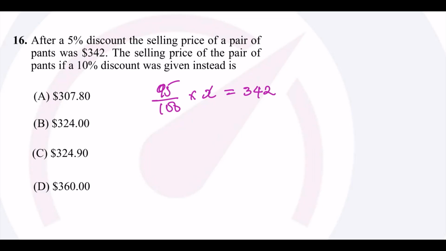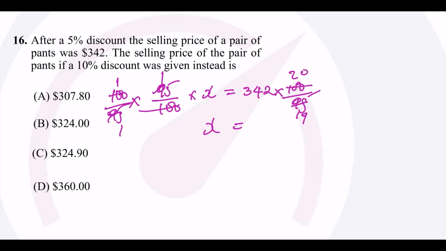So hence, I'm going to do my algebra as always, and I'm going to transpose for x or solve for x. So to find x, I'm going to multiply by 100 over 95 on both sides. So 100 into itself, all that go off 1, 1, 1, so we're left with x. So we can go ahead and simplify. 5 into 95 goes 19 times, and 5 into 100 goes 20 times.